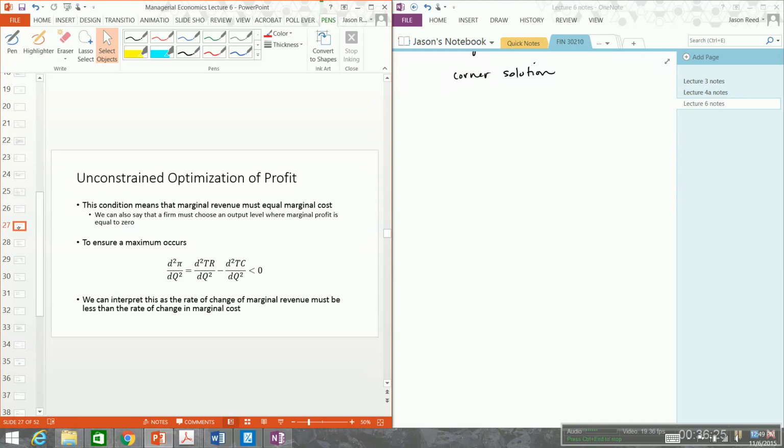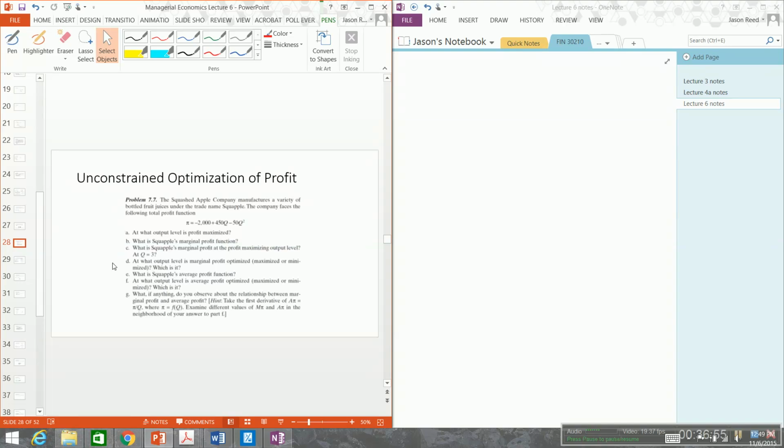So we'll take the second derivative, and the second derivative is going to be less than 0 if the change in marginal cost is greater than the change in marginal revenue. And that coincides with our intuition that as we continue to create more and more goods, diminishing marginal product takes over and costs rise more than total revenue does.